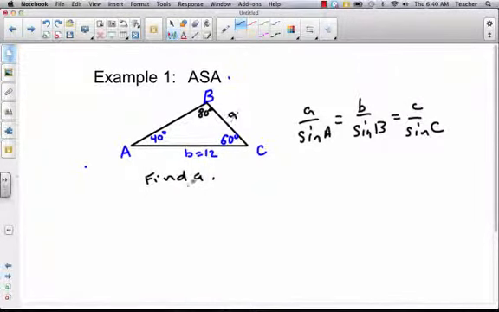So we take A divided by sine of angle A.